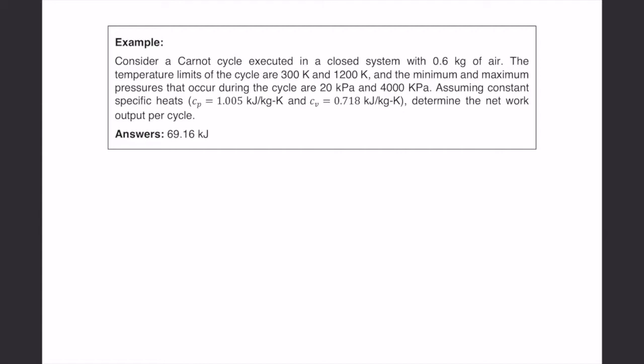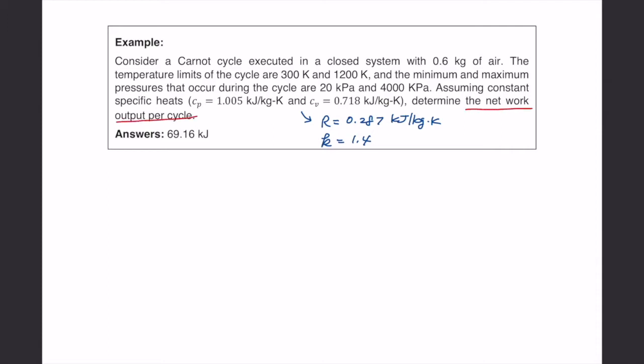Now let's assume that this air, an ideal gas, has constant specific heats, and we are given the Cp value and Cv value. From those given values, we can also calculate the gas constant, which is 0.287 kilojoule per kilogram Kelvin, and the specific heat ratio, Cp divided by Cv, is 1.4. Now I want to calculate the net work output per cycle.